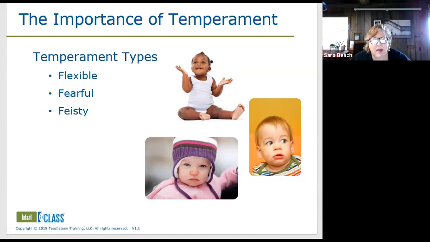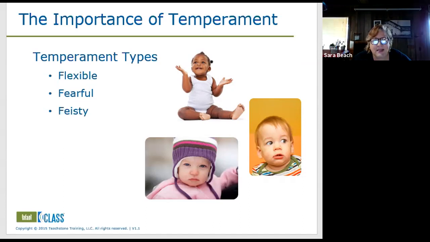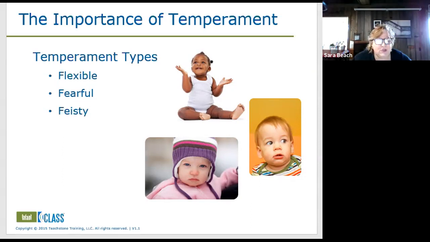And this is just one model. There are different models for temperament, but this is probably the most famous way of looking at temperaments: flexible, feisty, or fearful. So you can get an idea of how a baby will approach different situations. And 40% of kids fall into this category of flexible, they say.